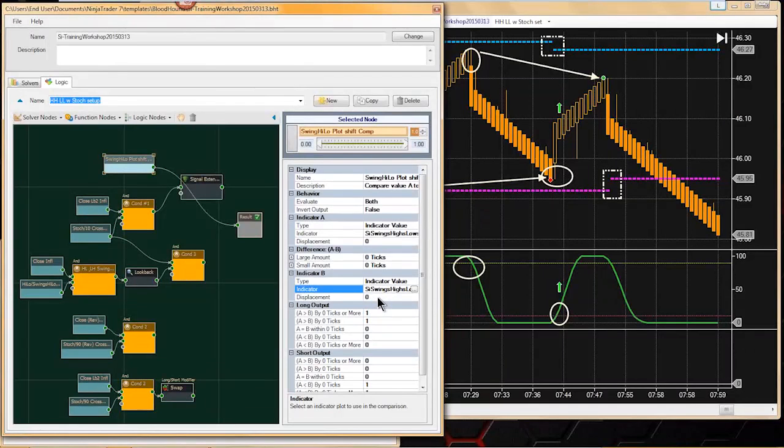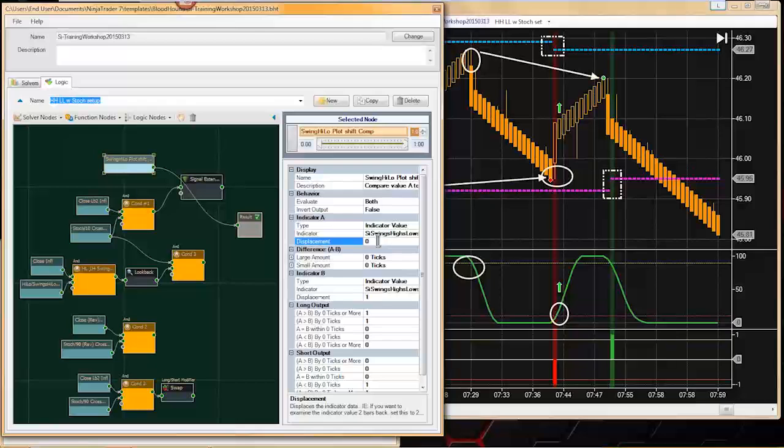Now, let's see, I need to displace one of these, right? So one of these is going to be the current bar, and then one of these I'm going to displace so we're looking back at the previous bar. And that's what will detect that shift. So let me just put one in there and see what that does for us.